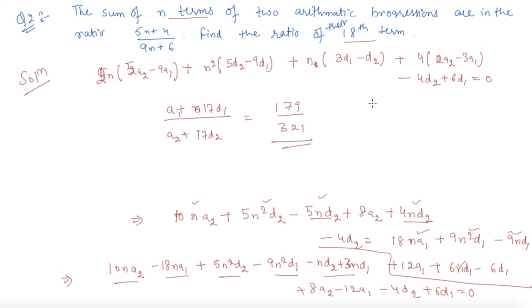The pending part, the sum calculation, is very cumbersome, so you can do it at home. This is how we need to proceed for these types of questions. From here you will get a relation between a1, d1, a2 and d2, so that a1 plus 17d1 equals something times a2 plus 17d2.